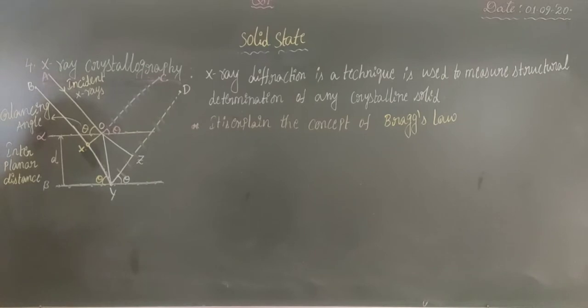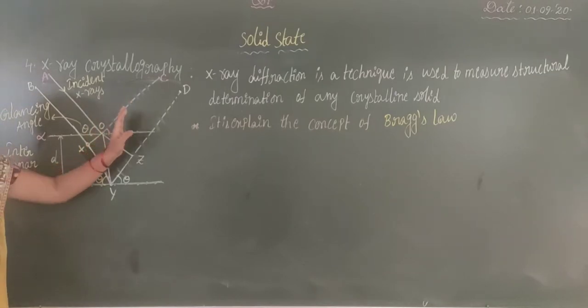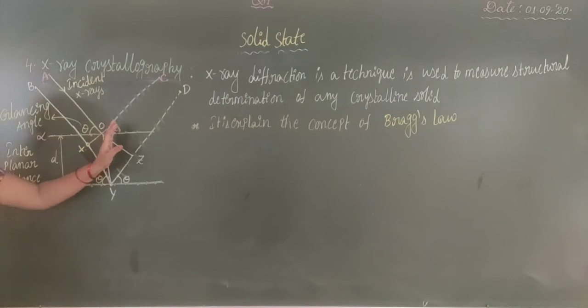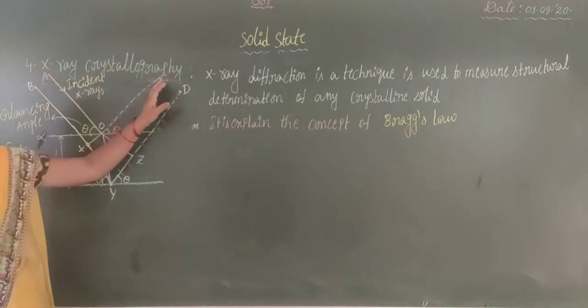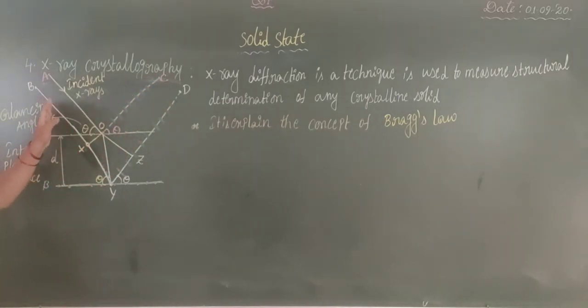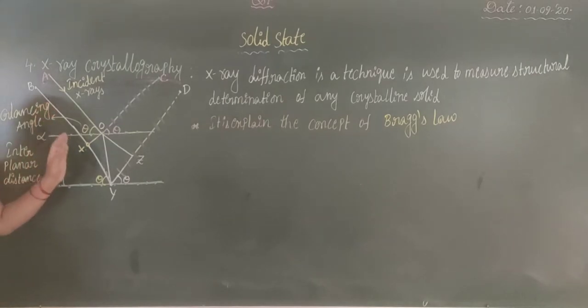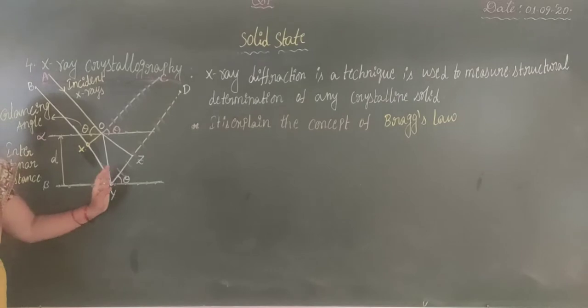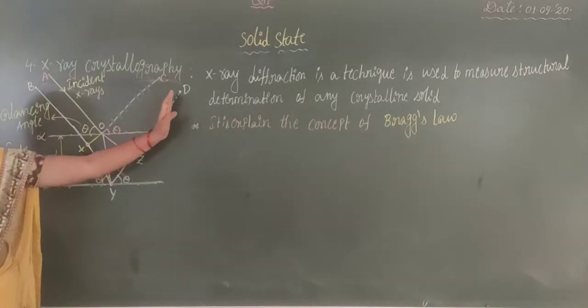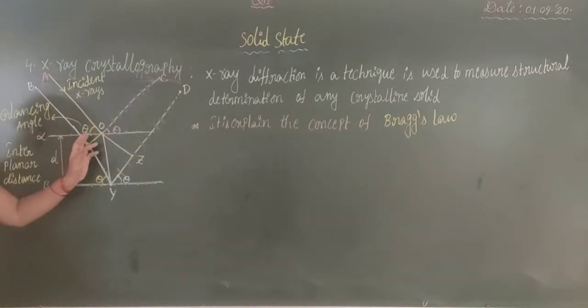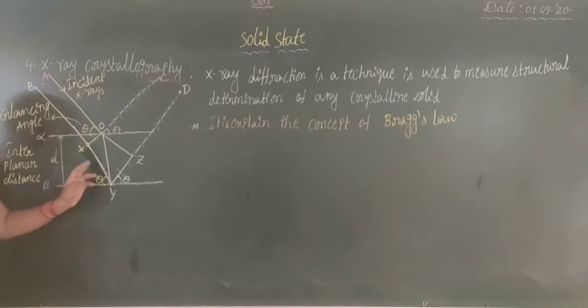Here, when the incident X-rays fall on the upper plate at a point like O, some of the light is reflected with the same glancing angle theta, at the point C. Likewise, when another incident X-ray falls on the lower plate of the solid, some of the light is reflected with the same angle at the point D. So both have the same angle theta, the glancing angle, or incident angle.